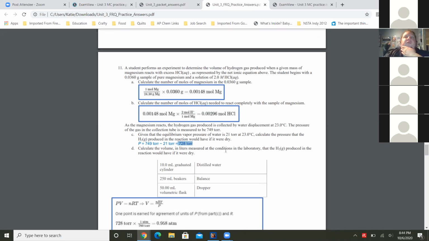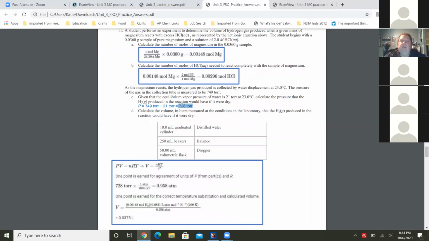So saying it is dry is because we're taking away the water pressure. And that's all we're doing. And then in D, when we do PV = nRT, we're just going to use that new 728 pressure as our pressure. So if we weren't given C, then you just do the same thing. Go ahead and subtract away that vapor pressure of water before plugging it into PV = nRT. Okay.